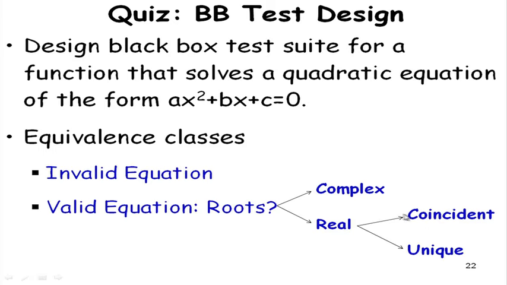So, there are 3 equivalence classes here: complex, coincident and unique. So, we have to select representative values of the input considering b square minus 4 a c. You have to select values such that b square minus 4 a c is 0, positive and negative.